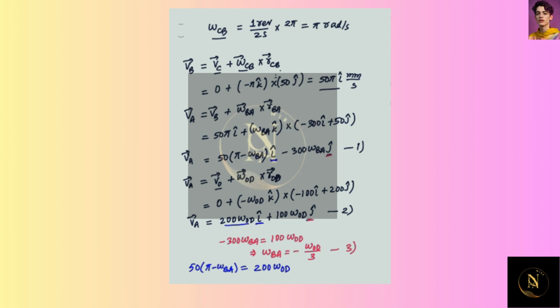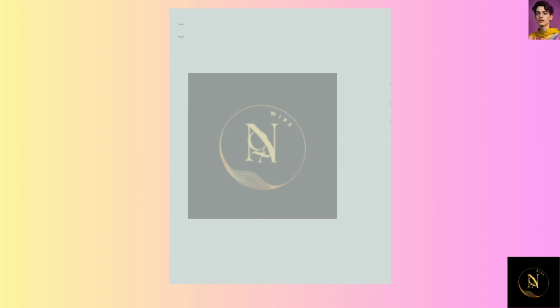Substituting the value of omega BA, we get 50 pi plus omega OD by 3 equals 200 omega OD. After solving we get omega OD equals 0.8568 radian per second. This is the value of omega OD.